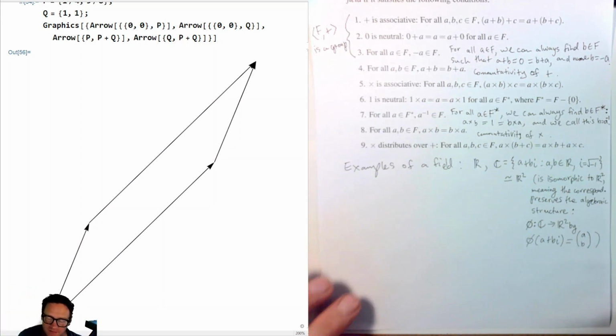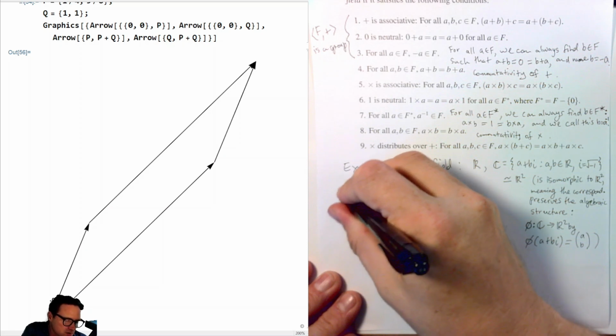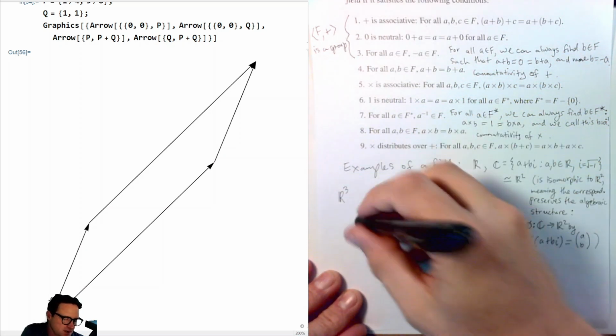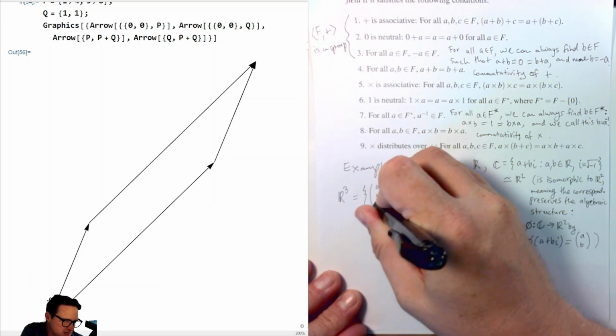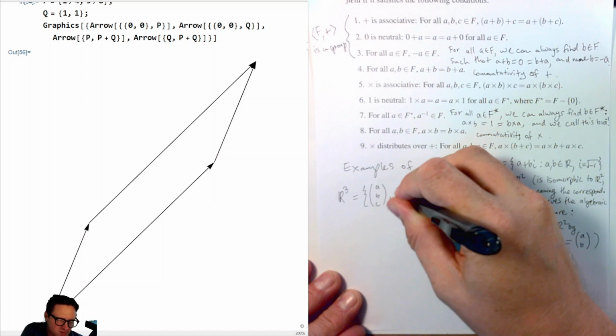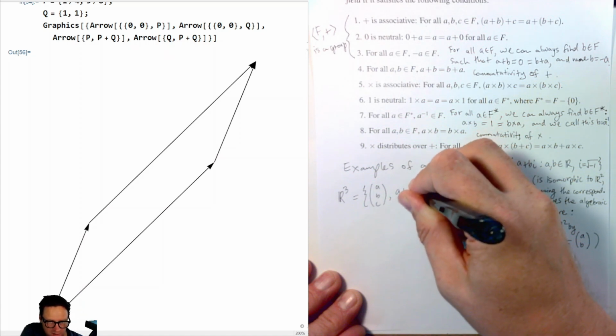Now, another example of a field, R3, right, which is a set of all vectors (a, b, c) such that a, b, and c are real numbers.